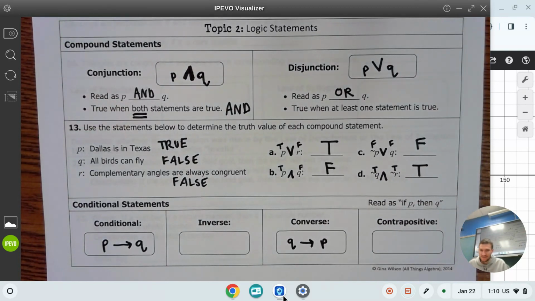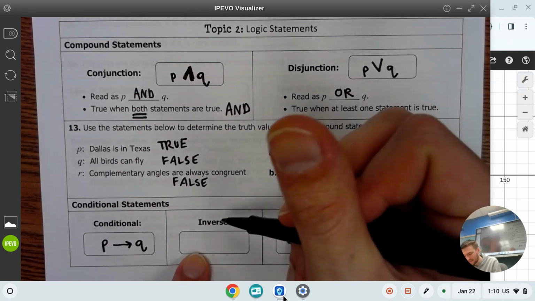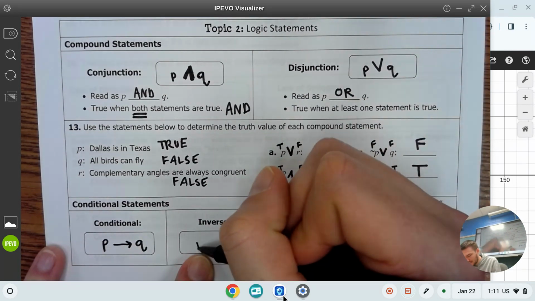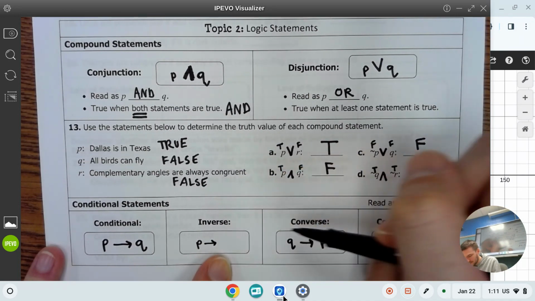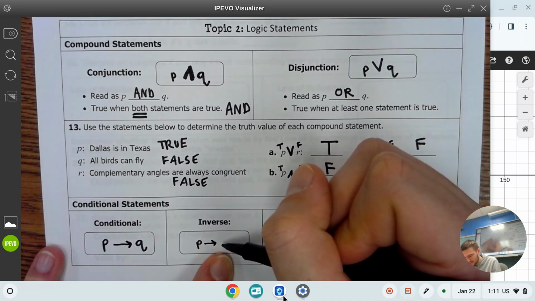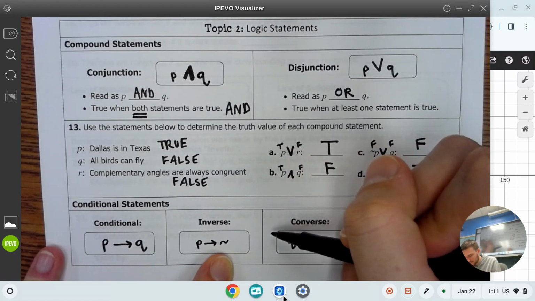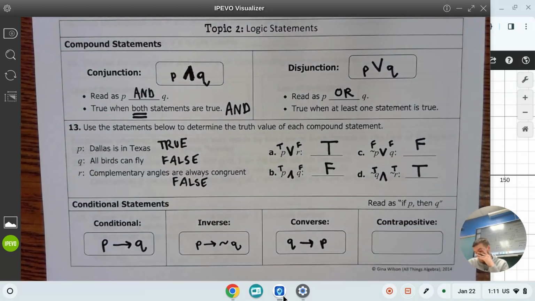P and Q, they can switch the squiggly line. So what's the first symbol I need? The P, the arrow, then the squiggly, then the Q. And then the squiggly with the P too.